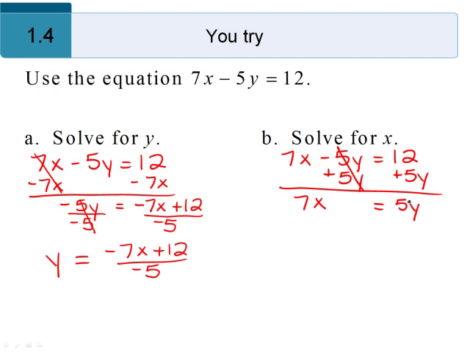So that would be 5y plus 12. Now, the x is not by itself because there's a 7 there, so I'm going to divide by 7 and put the whole other side all over 7. The 7's cancel, so I get x equals 5y plus 12 all over 7.